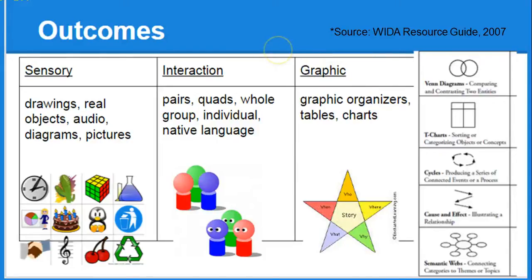So again, the outcome statements show in what environments instructionally the students will be able to reach that desired level of competence to show their learning.